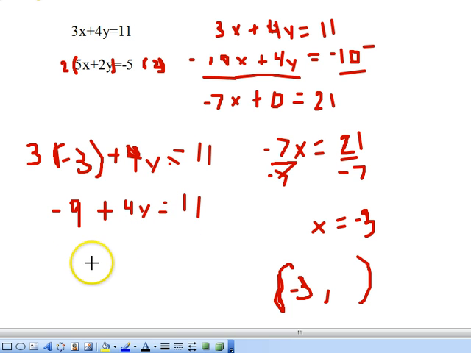Okay, then we want to isolate y, so we're going to add 9 to both sides.